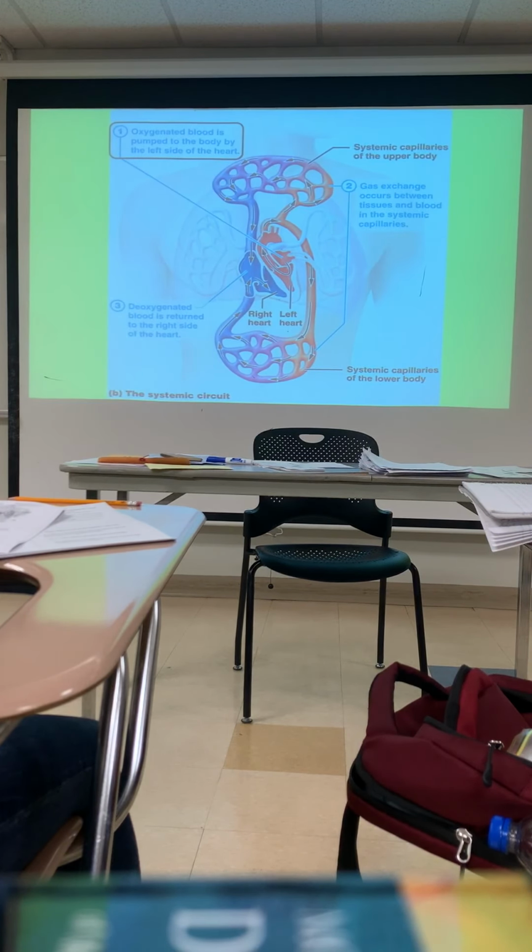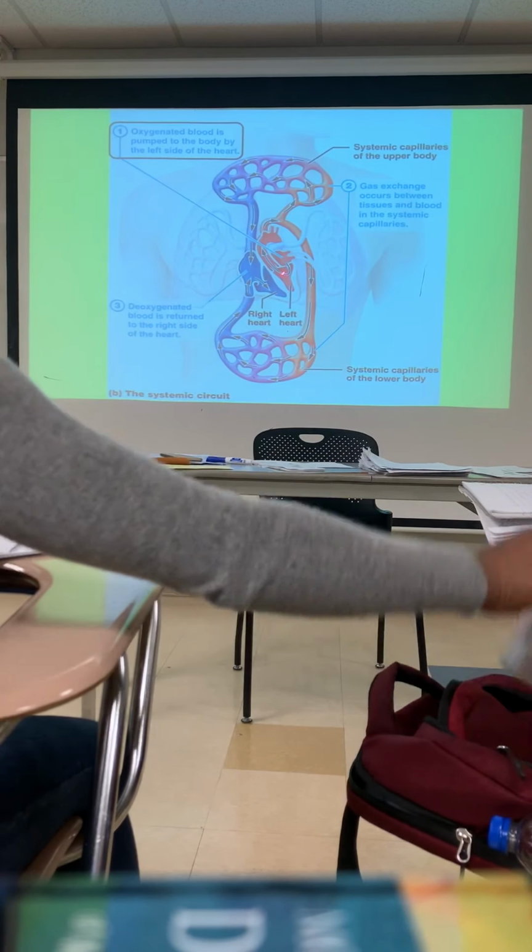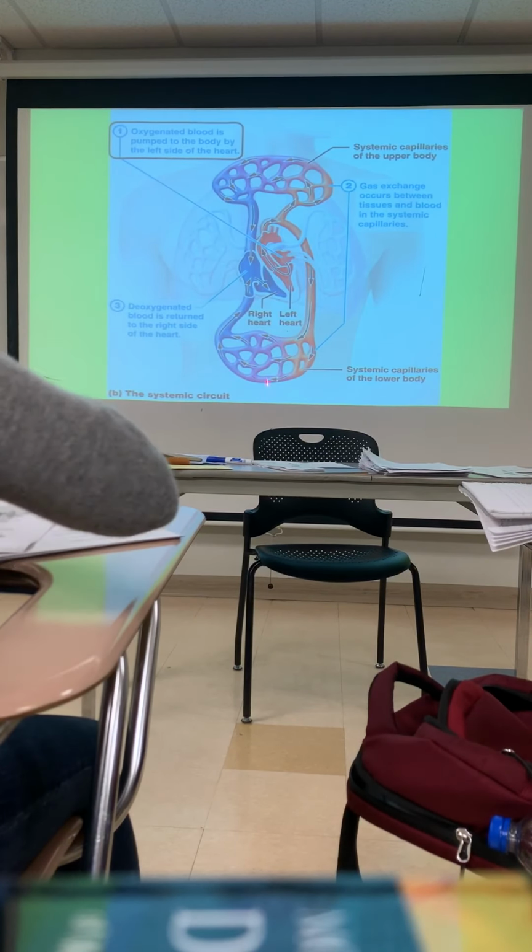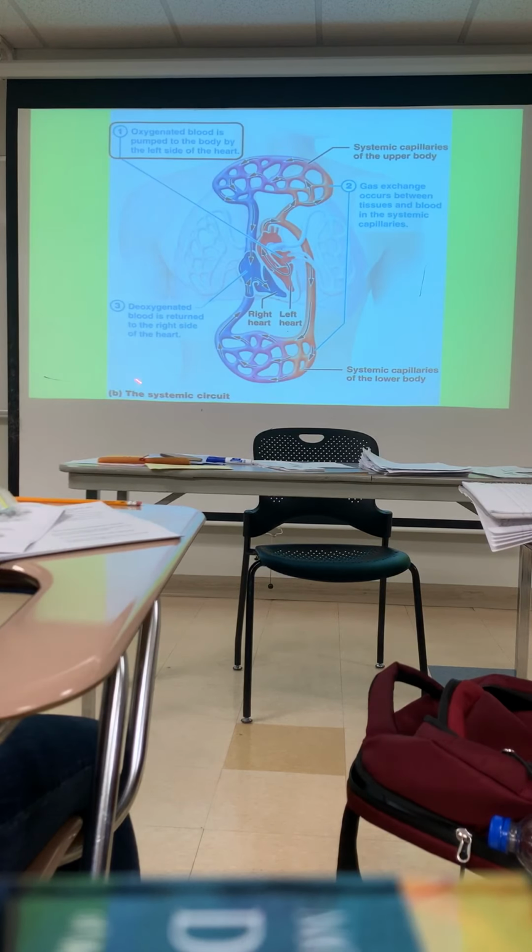Now, to the circulation to the body cells. If you look here, these are body cells, so this is the systemic circuit. So, pulmonary circuit and systemic, right? Where will it start? It will start with the red, because this red is the blood coming from the lungs, right?